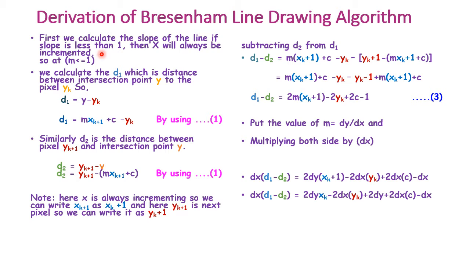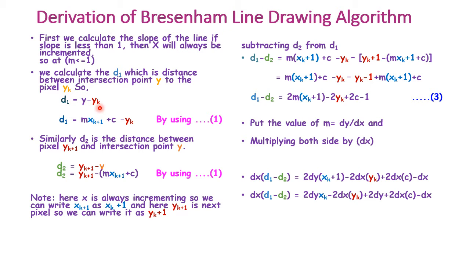So for taking decision, we have to calculate the differences from intersection point y as shown in previous slide. So we calculate the d1, which is the distance between intersection point y to pixel yk. So d1 is equal to y minus yk.